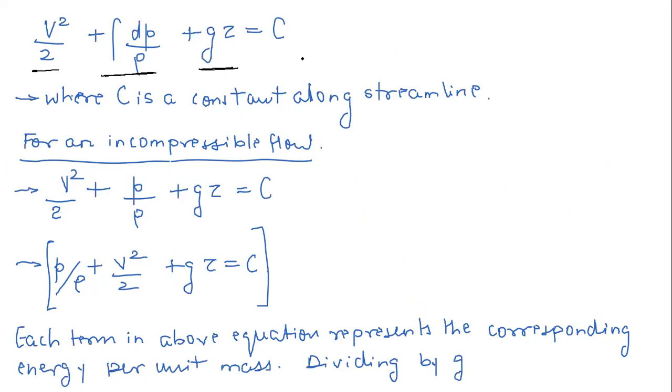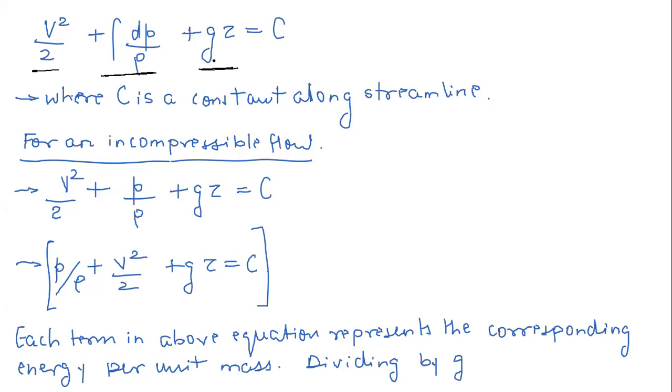Now, very important thing here: is this equation valid for an unsteady flow? No, because we would also have to consider delta v by delta t.